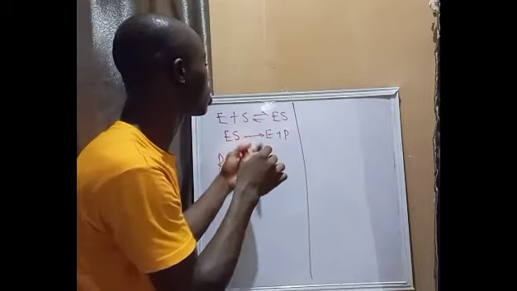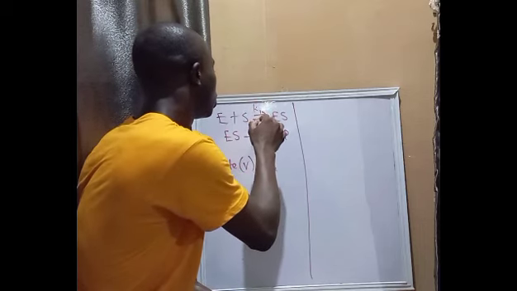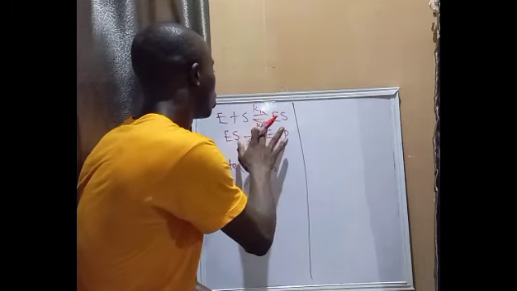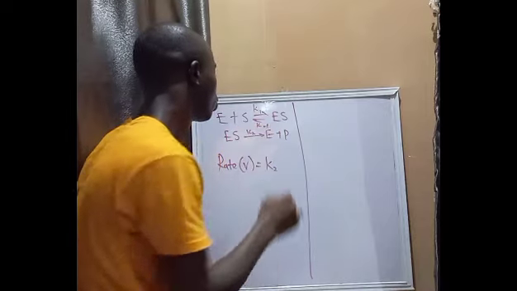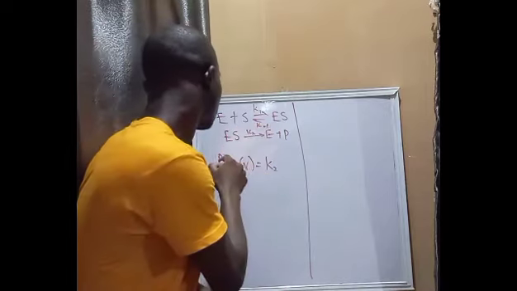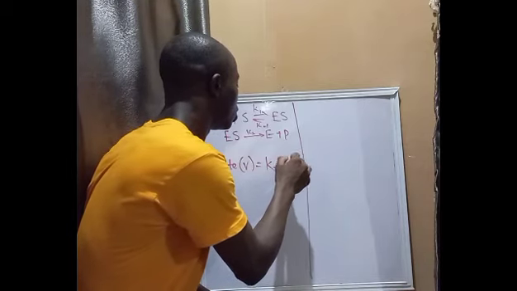Each of these is in form of equilibrium rate constant, this k1, this k minus 1, and this k2. So from that we can say that the rate will be equals to k2 times ES.